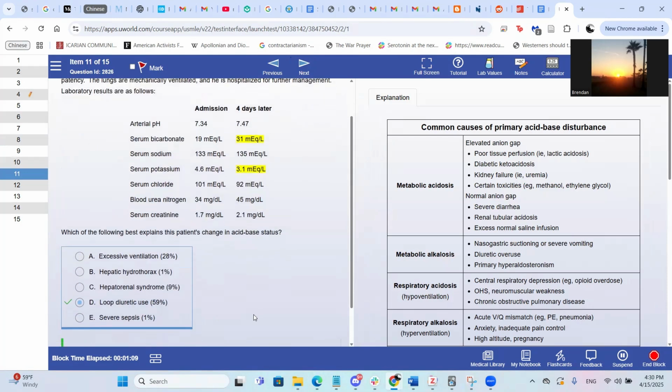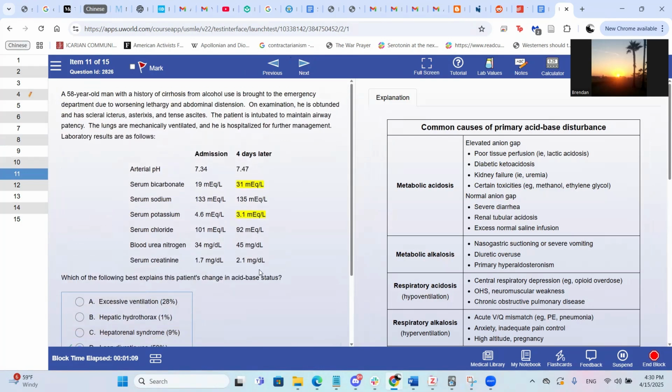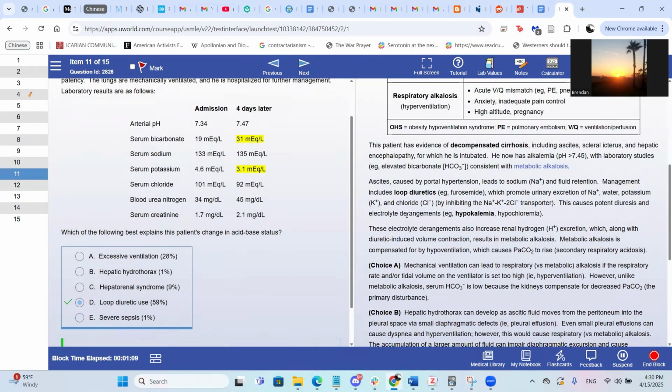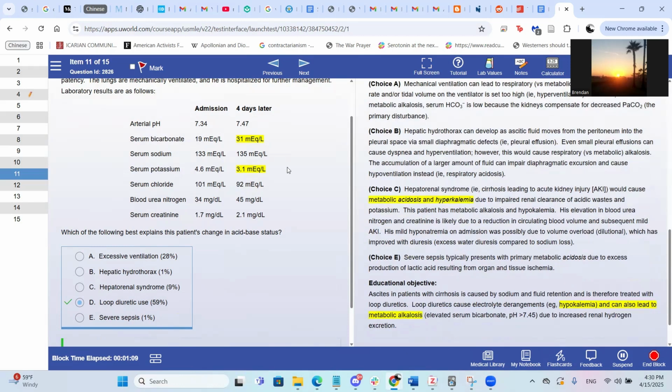One of the possibilities could be hepatorenal syndrome, because you have this patient with cirrhosis who's now presenting with some kind of potential kidney injury. But the main thing to bear in mind here is that hepatorenal syndrome is going to be acidosis and hyperkalemia, not alkalosis and hypokalemia, which is what you see in loop diuretic use.